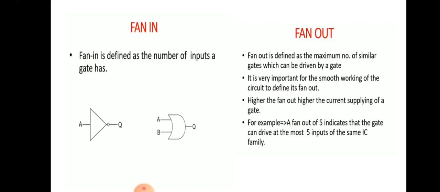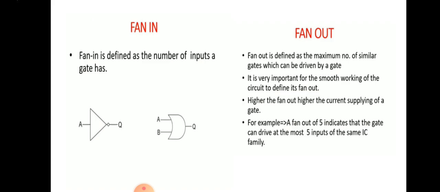For example, here in the first figure you can see the input is only one, A, so that circuit will have the fan in 1. And in the second figure, the OR gate, the inputs are 2, A and B, so we can see the fan in number is 2.